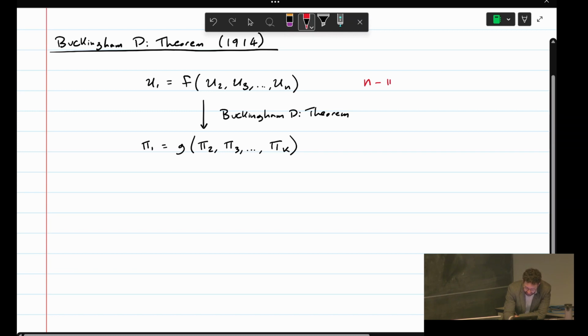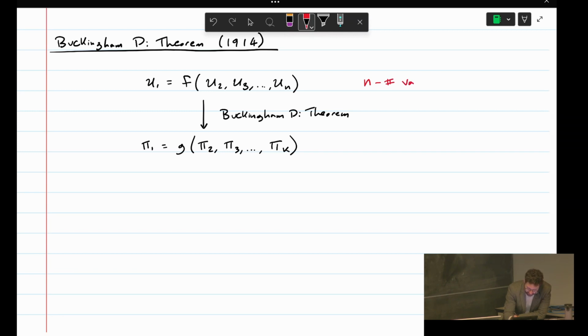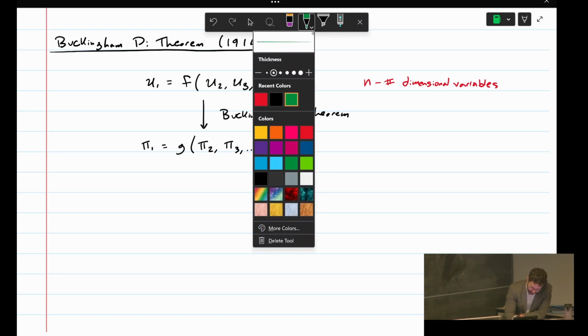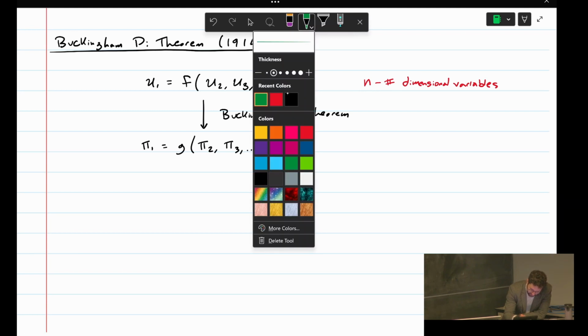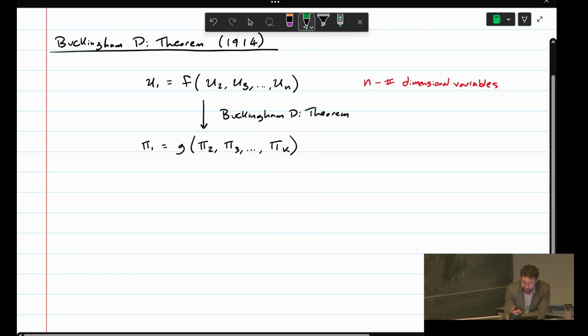So n is the number of dimensional variables. The number of dimensions in these variables is j.